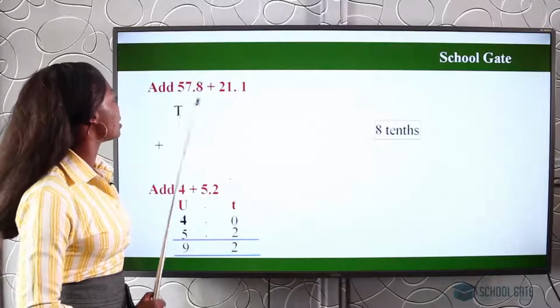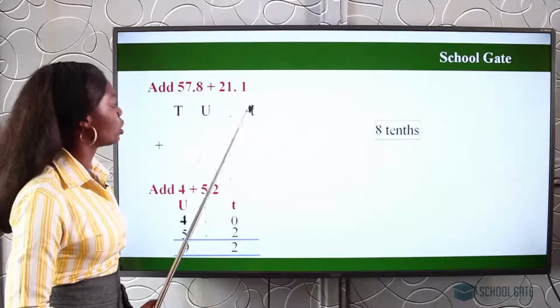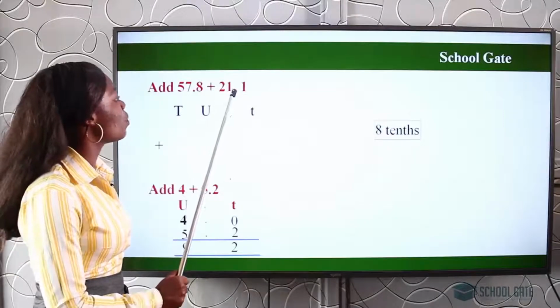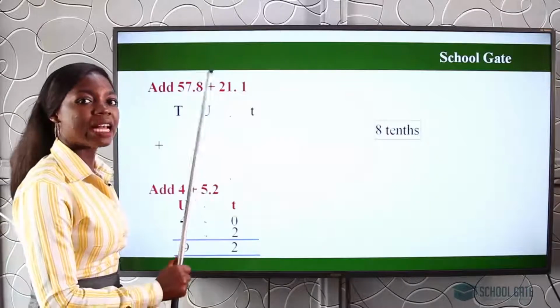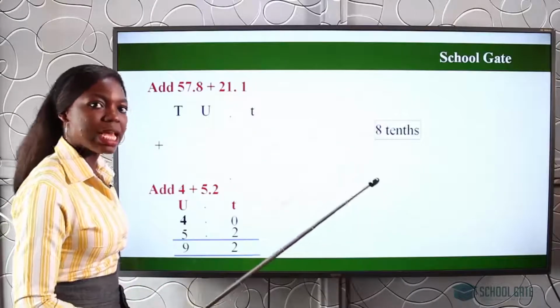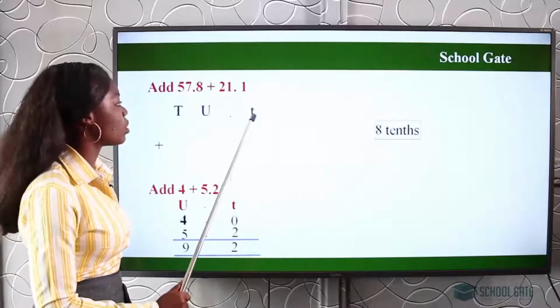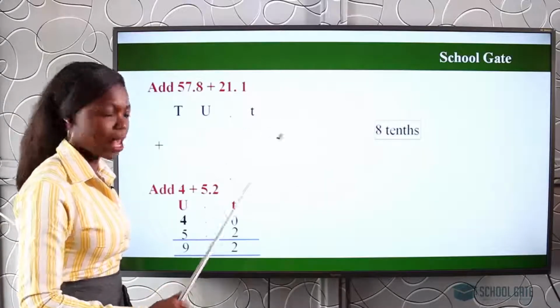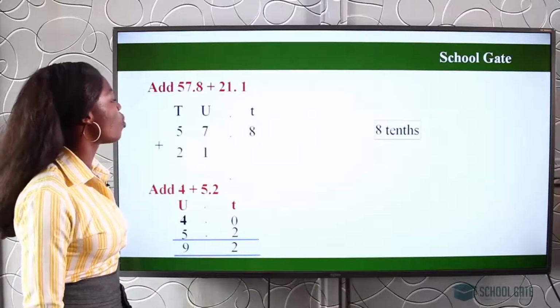Now, to add, we have 57.8 plus 21.1. Anywhere you have this point, you know it is a decimal fraction, and the number after the point is tenths. That's why we have the small t here. Now we place our 57.8 plus our 21.1.